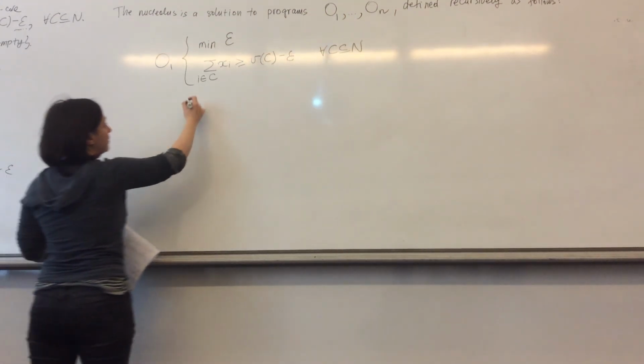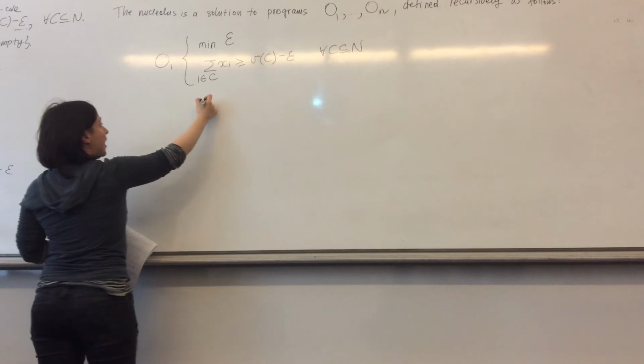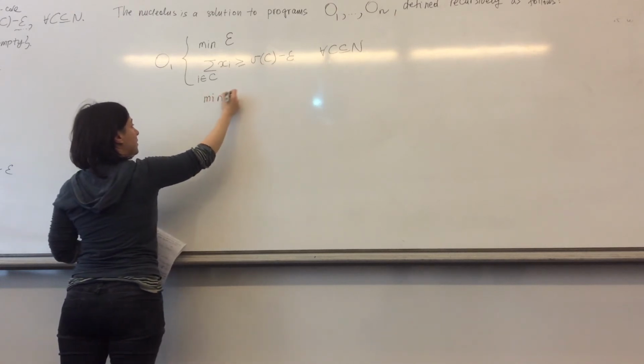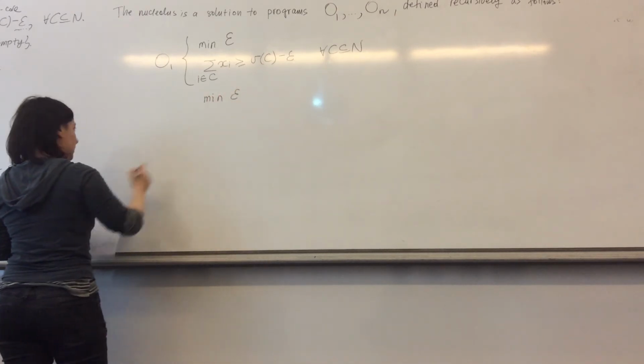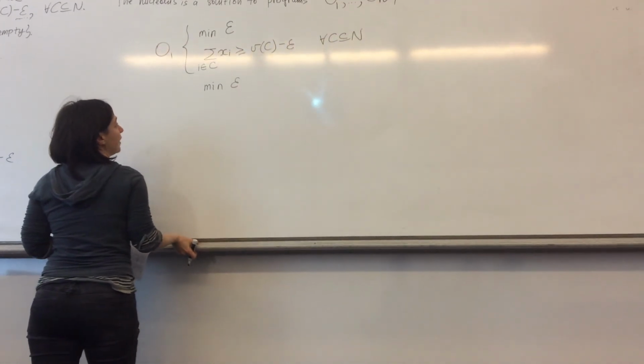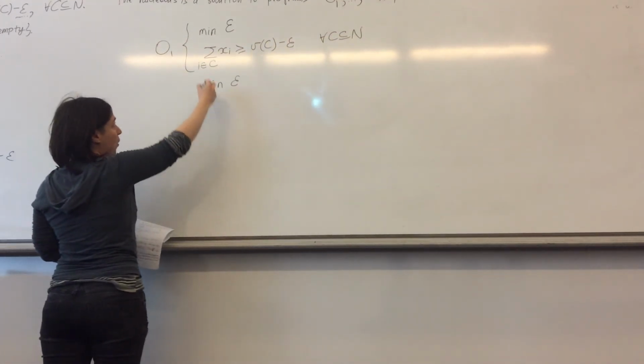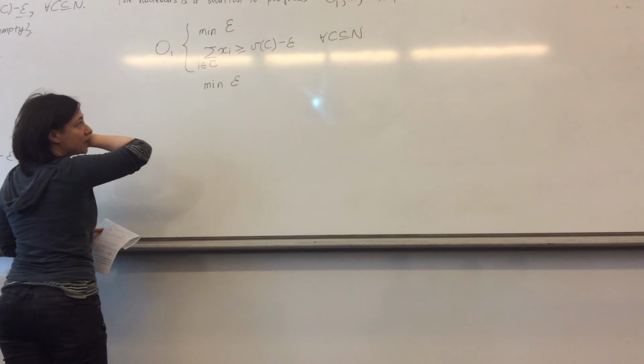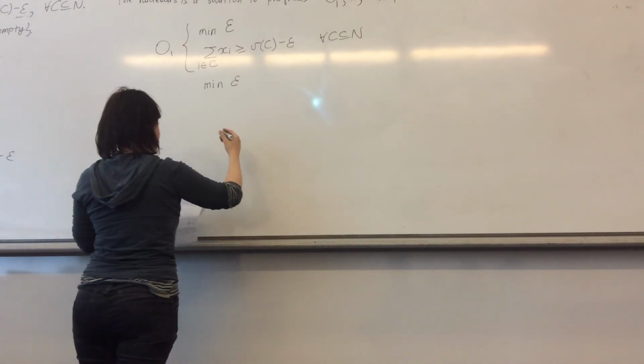And then the next program would be to minimize epsilon, where the set of constraints would be given by all the previous optimization problems that we had on the way.